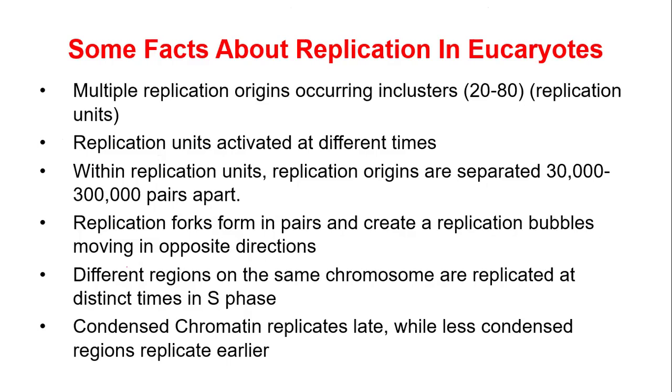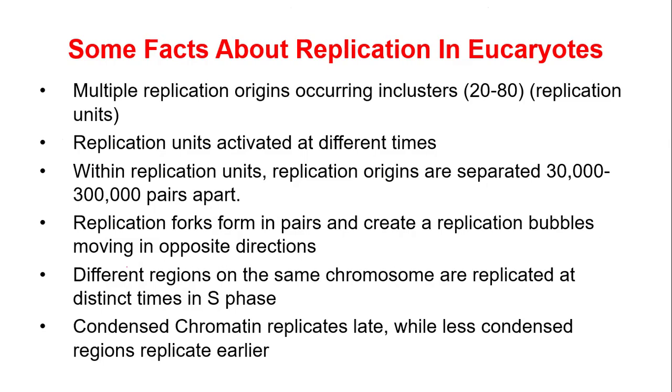So what are some of the things that we need to remind ourselves? Remember, number one, multiple replication origins occur in clusters. Two, replication units activate at different times. Three, within a replication unit, replication origins are separated by 30 to 300,000 base pairs.